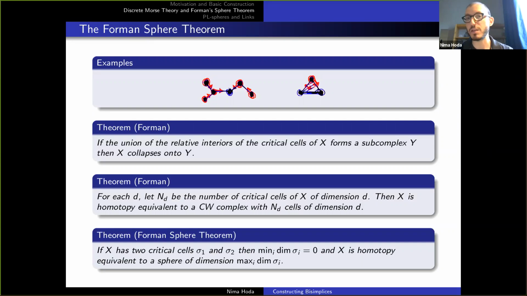The thing that you need is that if a cell is critical, then all the cells appearing on its boundary are also critical. If you satisfy that property, then the Morse matching gives you a collapsing strategy onto the subcomplex of critical cells, and that's not so hard to see.